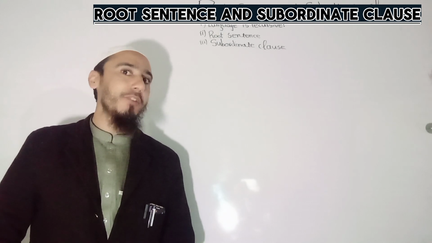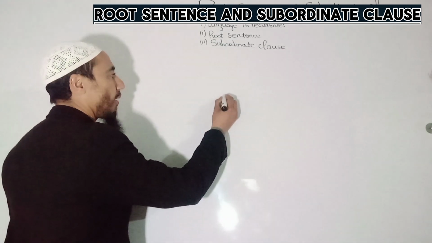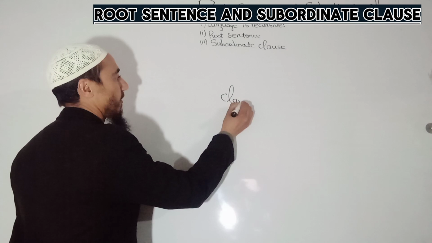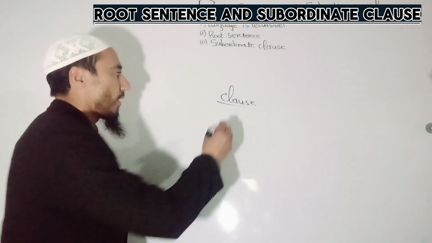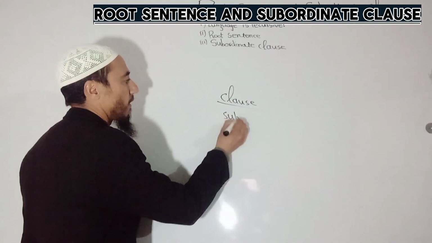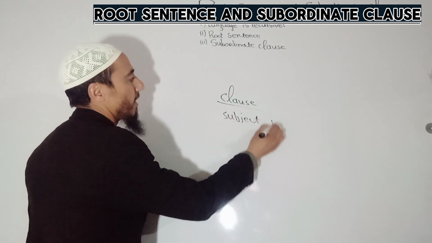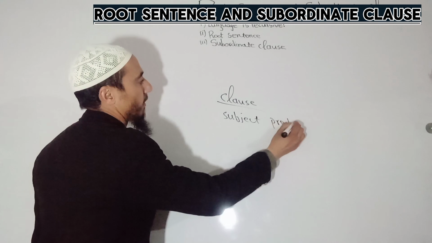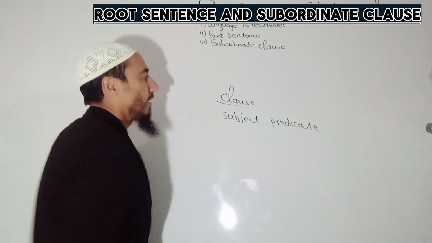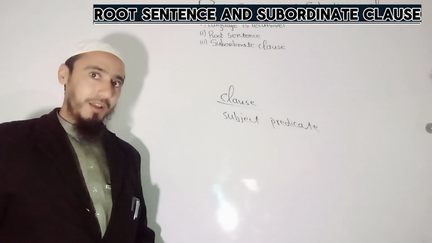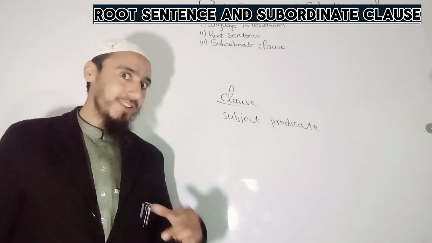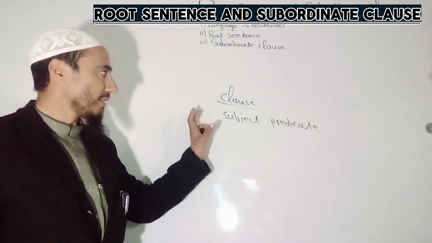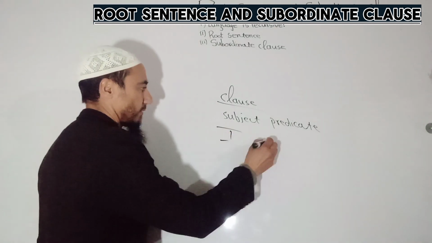Listeners and audience, if you remember, I told you about clause, that what is clause? Clause is a group of words which has subject and predicate. Okay. Clause is also called a sentence. But here we call it clause because it has types. For example, I'll say, I go.